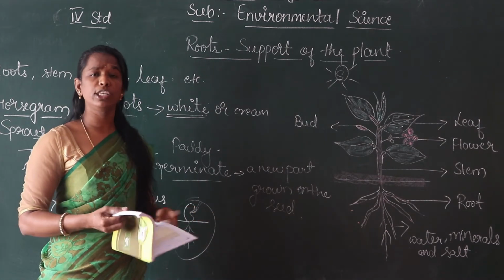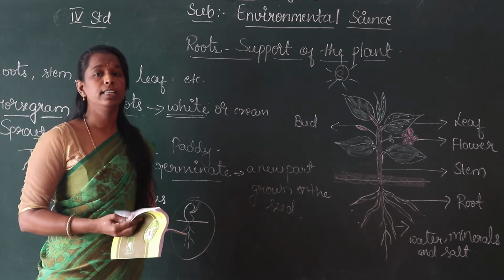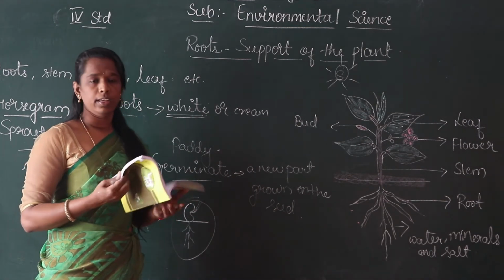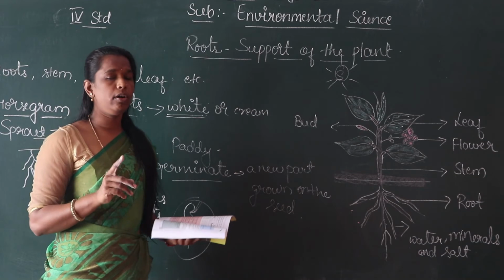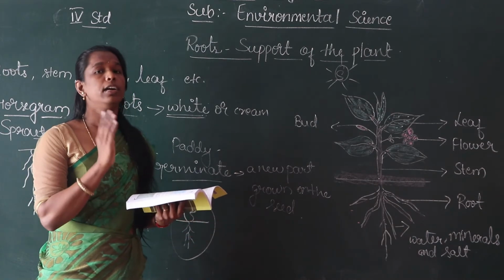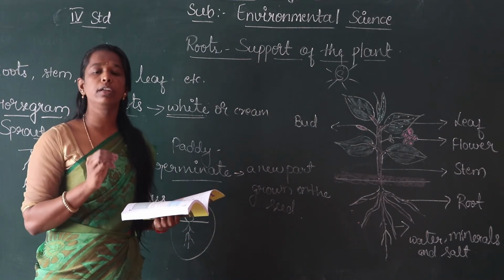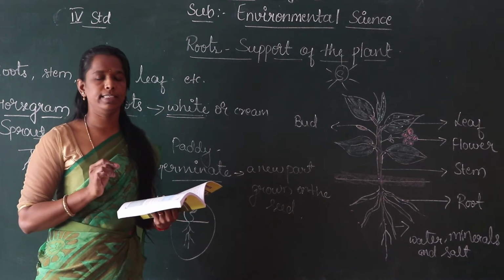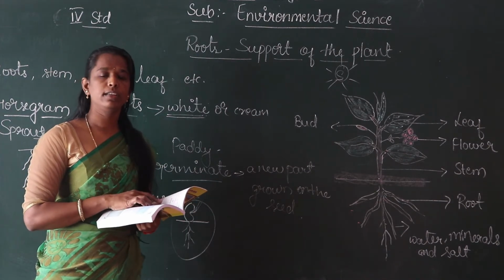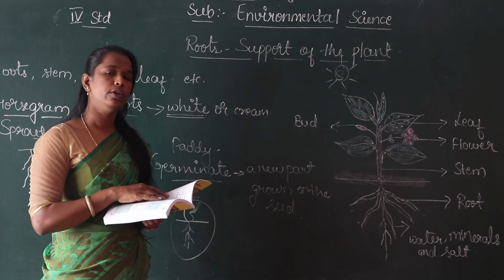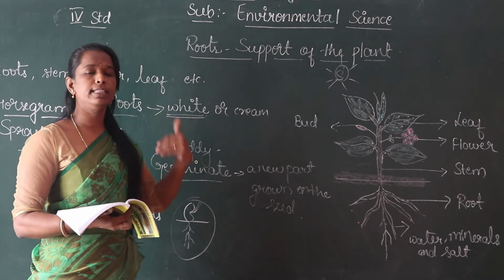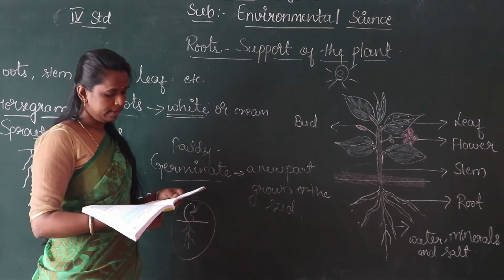For example, ashwagandha, turmeric, ginger. Okay children, turmeric and ginger, and also ashwagandha is one of the roots. It is used for medicinal purposes. Okay children, so these are some of the roots used for both medicinal and cooking purposes.